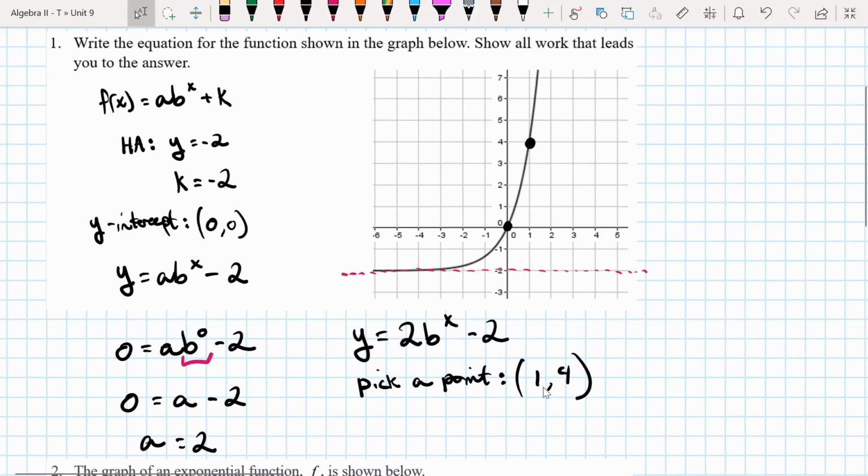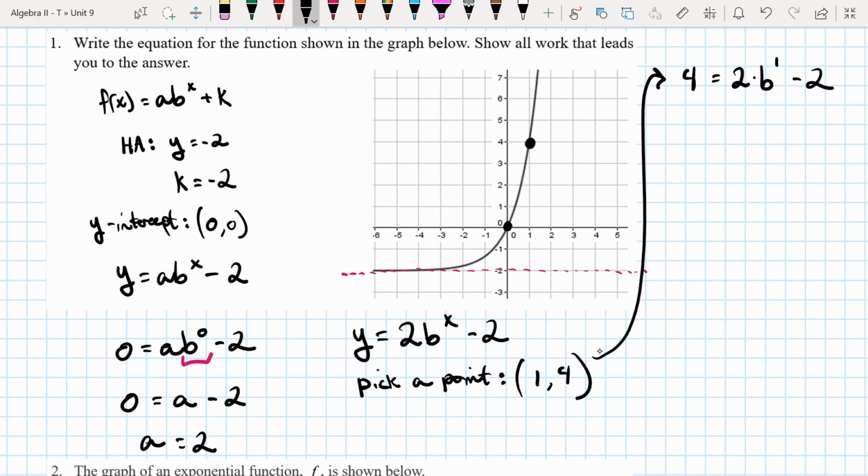And so 4 is equal to 2 times b raised to the first power minus 2. This is just 4 is equal to 2b minus 2, because b to the first is just b.